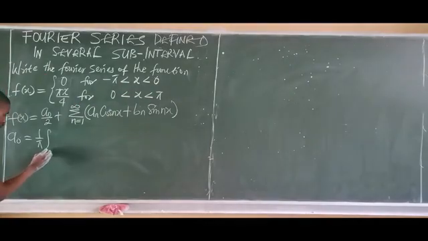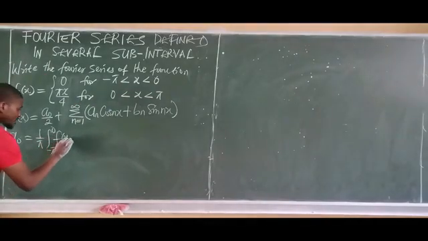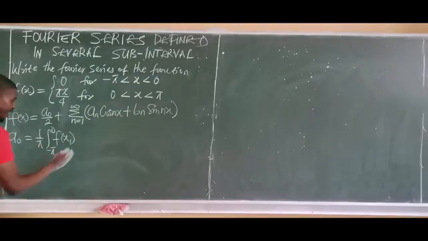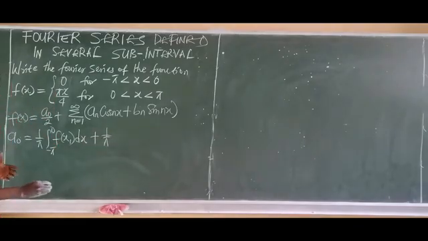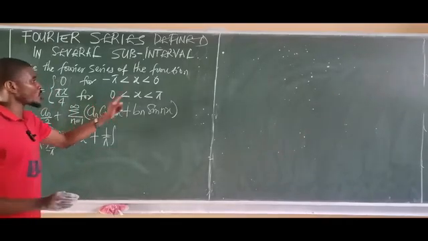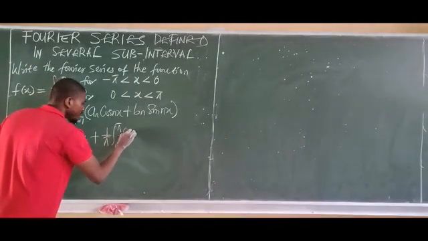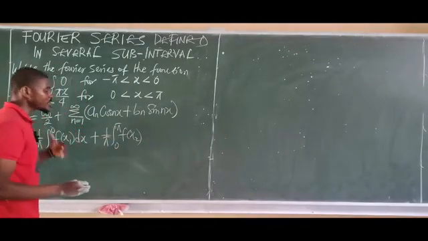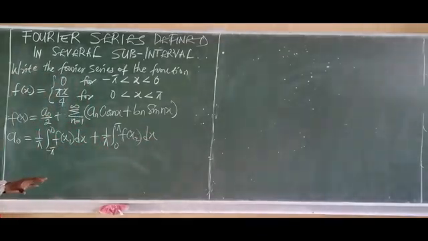So we define that from minus pi to 0, of the first function f of x1 times dx. Then you add this with the same Fourier constant in the second interval. So this is 1 over pi integral. The second interval is from 0 to pi. The function at this point is f of x2, which is the second function, times dx. It's as simple as this.